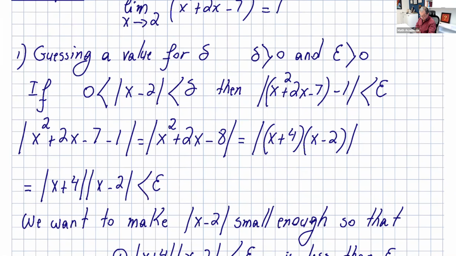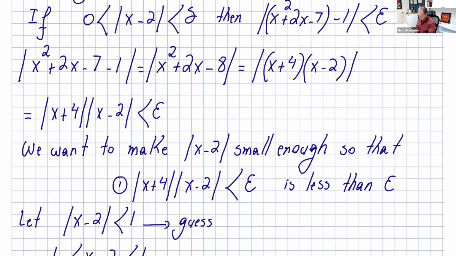So what's our goal? We want to make the absolute value of x minus 2 small enough so that the absolute value of x plus 4 times the absolute value of x minus 2 is less than epsilon, and I wrote it here for you.